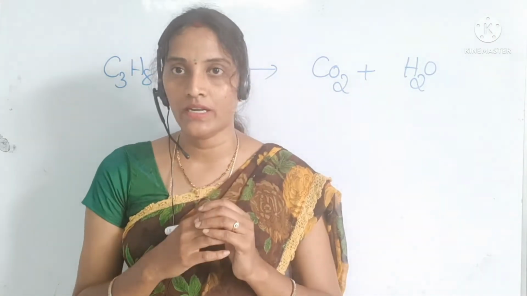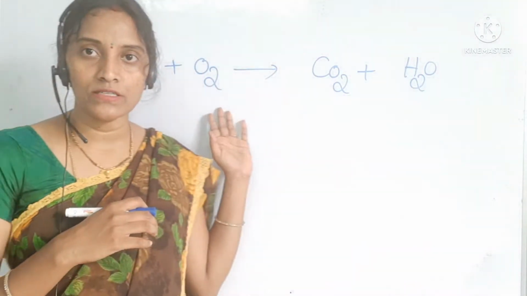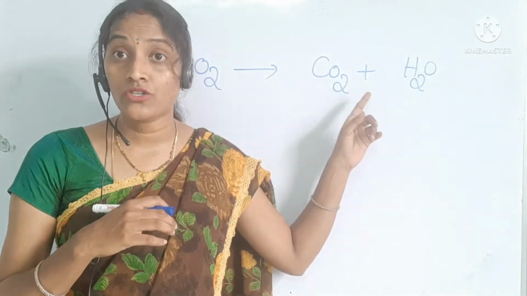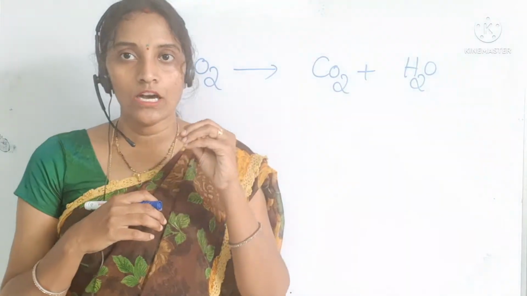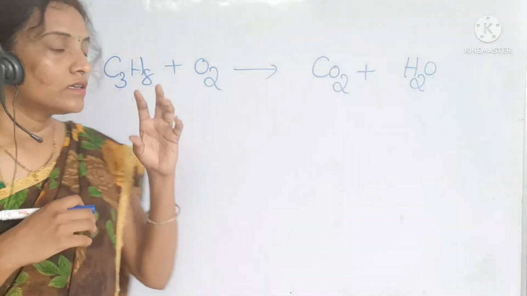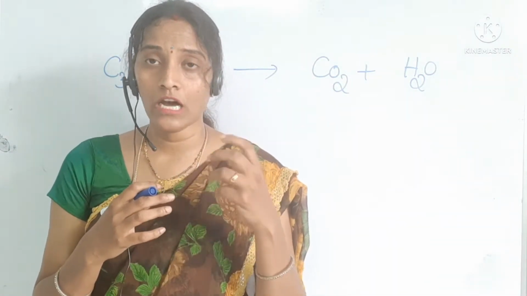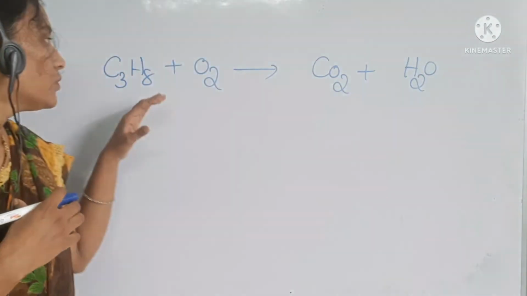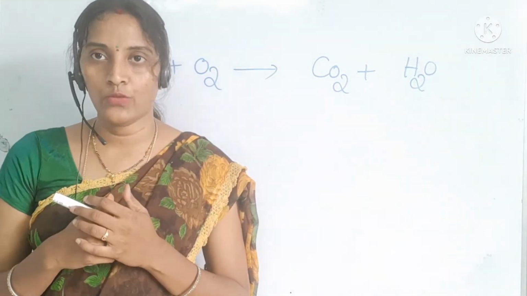That means if 10 atoms participate, 10 atoms must be there in the product. That is the law of conservation of mass. To satisfy that law of conservation of mass, we need to balance a chemical equation.